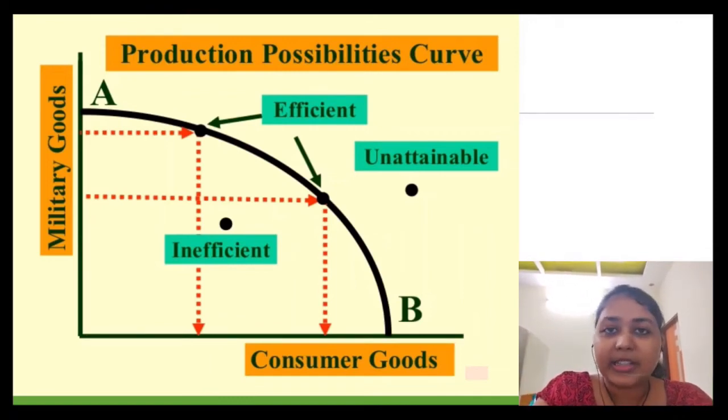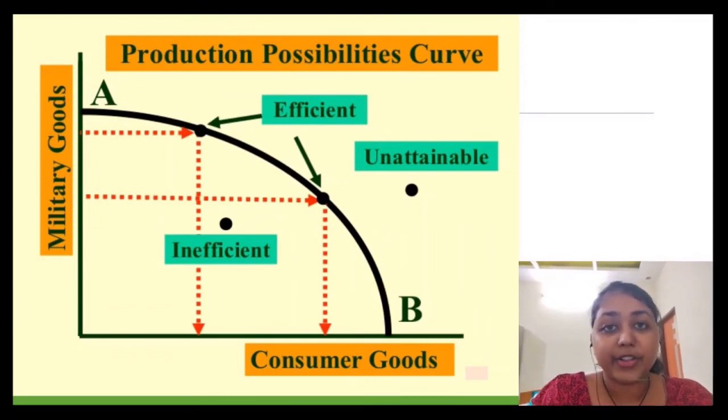The opportunity cost is, obviously, when we get something, we must be sacrificing something at the same moment, right? Let's take an example: if I'm going shopping and I've got an option of choosing between two dresses, one red and the other blue, and I choose the blue one, obviously I am sacrificing the red dress, and that's the opportunity cost.